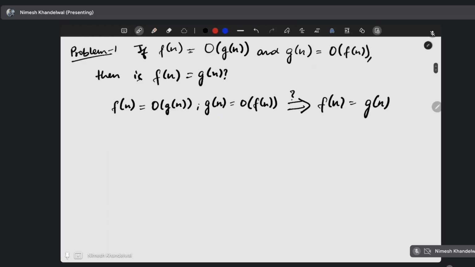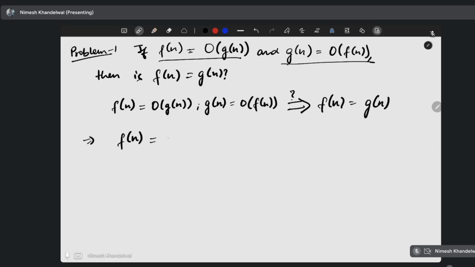So we can take a very simple example. Since both are the complexities of the other algorithms, let's say f of n is an O of n algorithm.